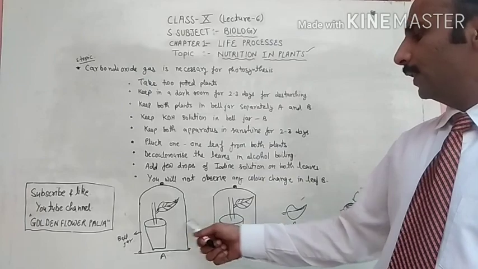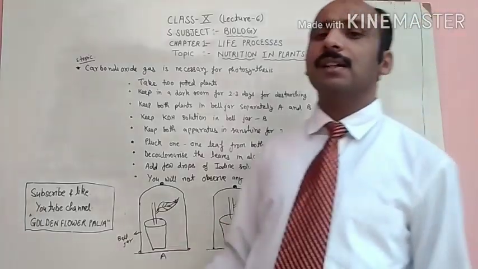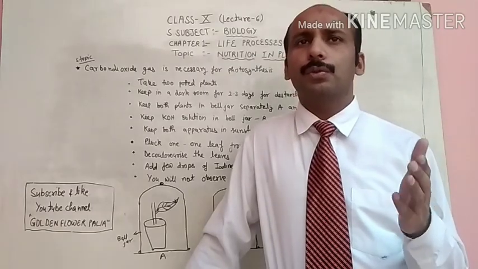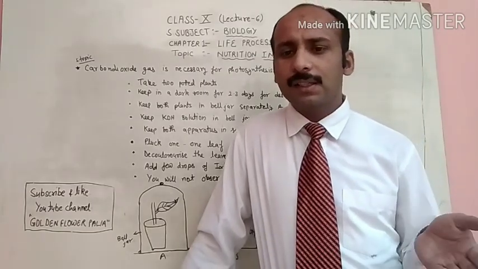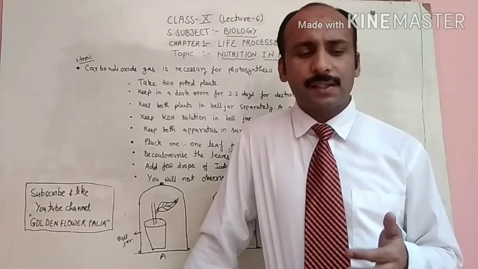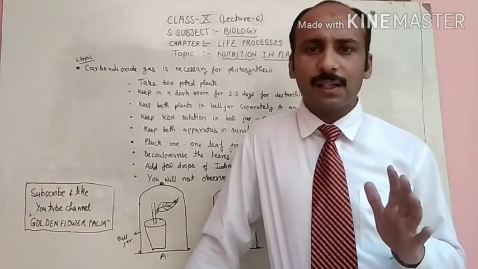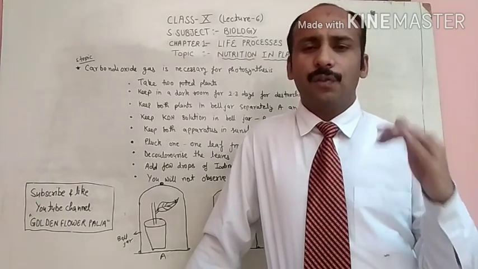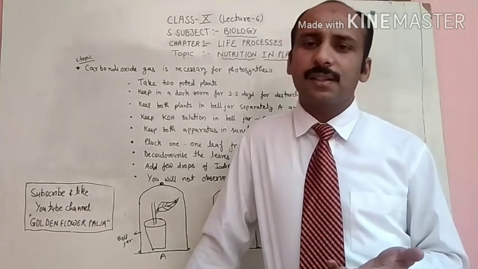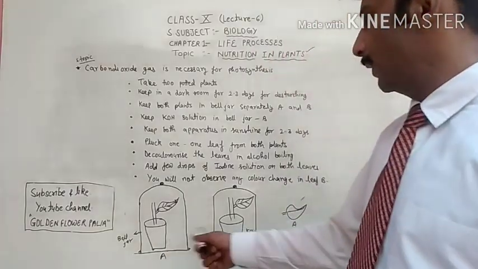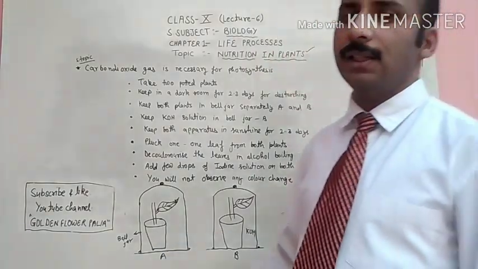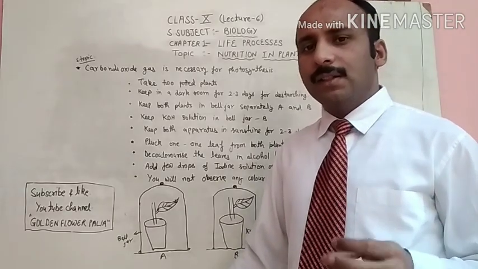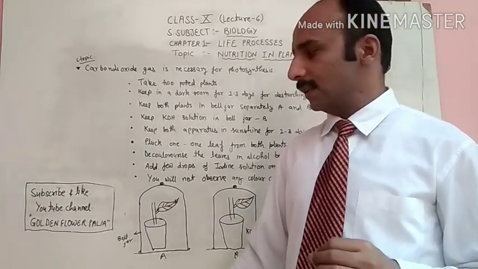After that, we will keep both bell jars in the sunlight separately for 2 or 3 days. Otherwise, the photosynthesis process can be completed in 6 to 8 hours. But for better results, we keep these bell jars or potted plants separately in sunlight for 2 or 3 days.